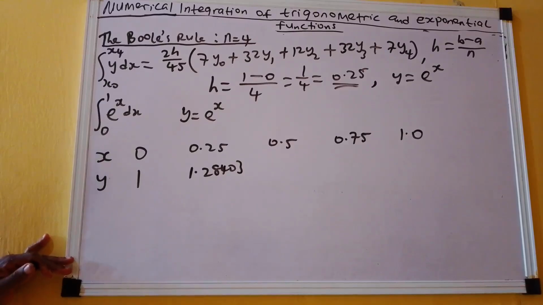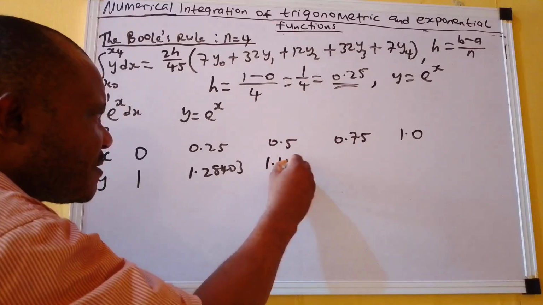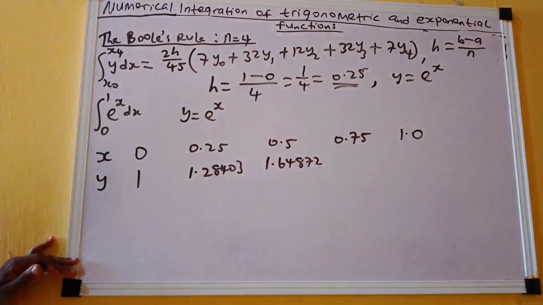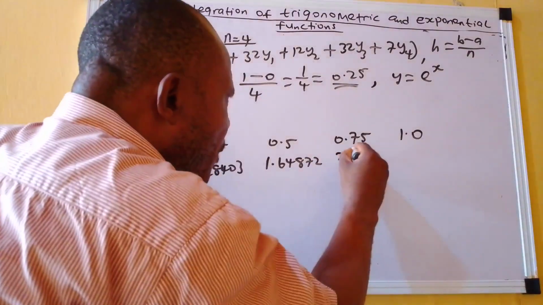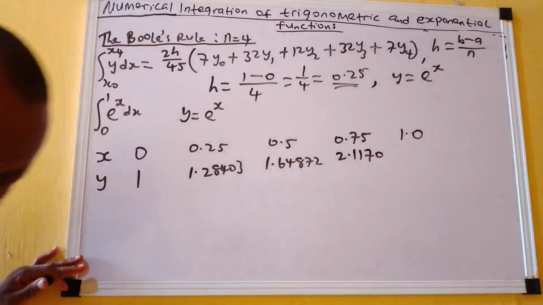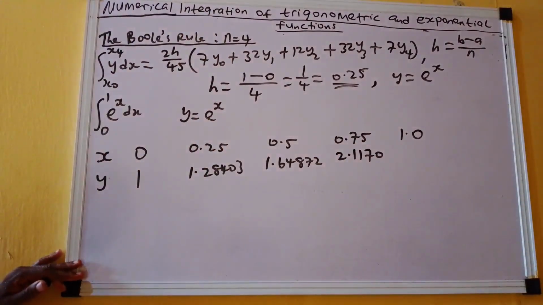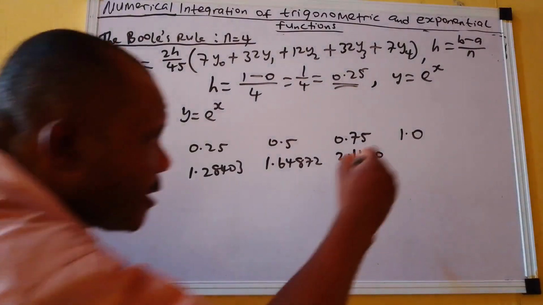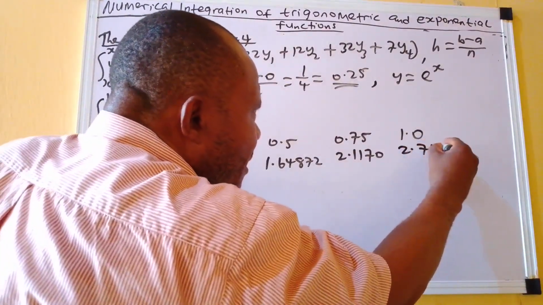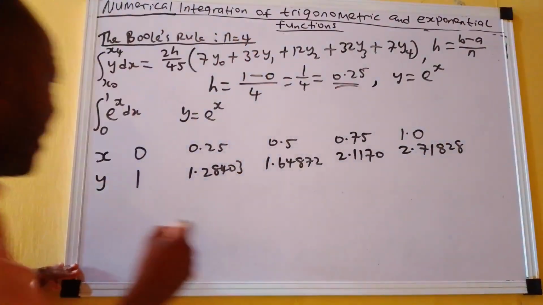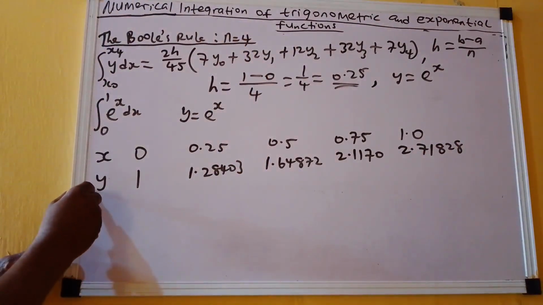Then exponential 0.5 will be 1.64872. Then exponential 0.75 will be 2.1170. Then exponential 1.0 it will be 2.71828. All in 5 decimal places.